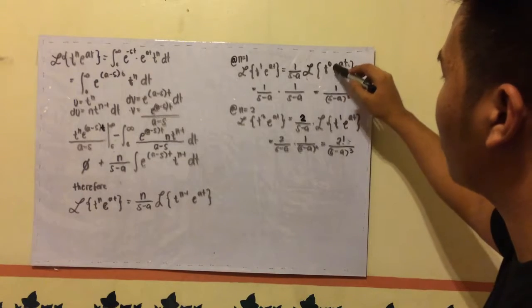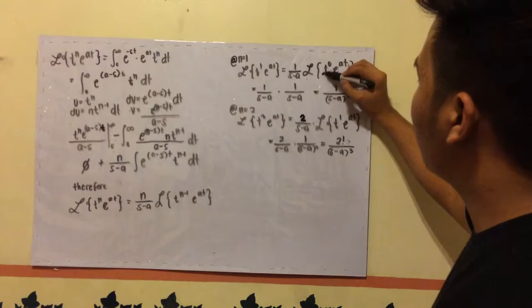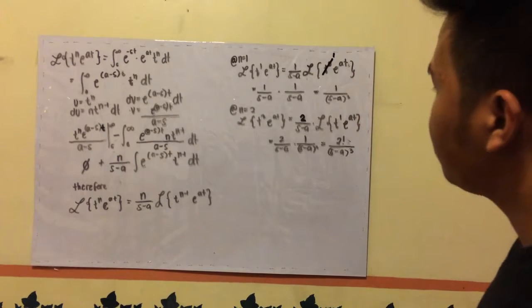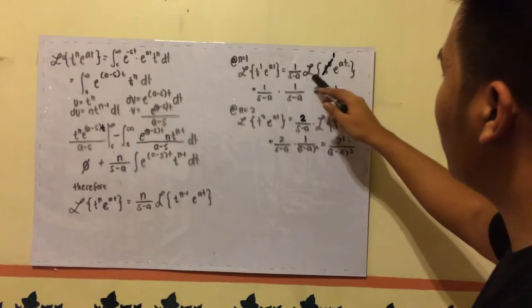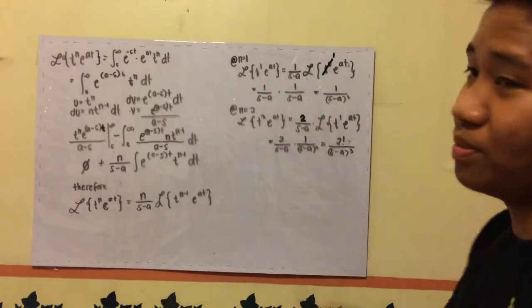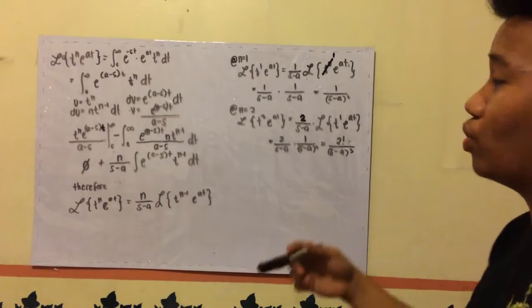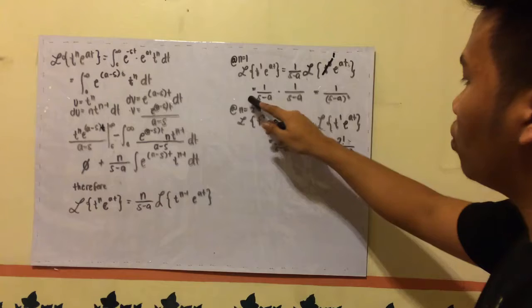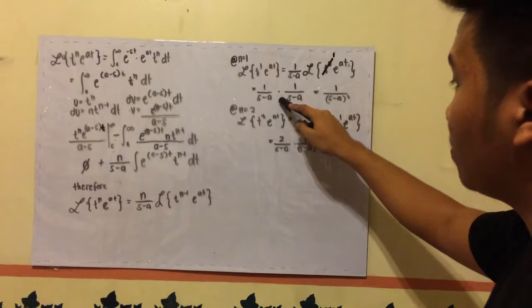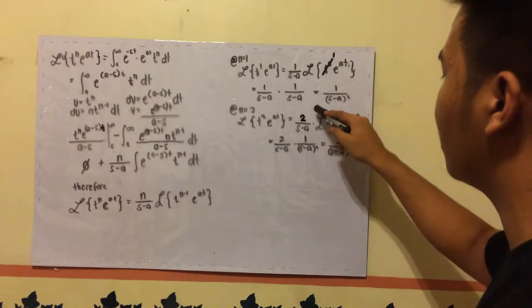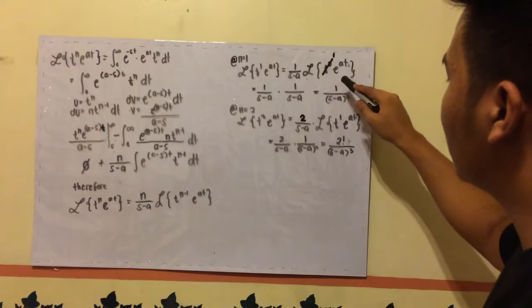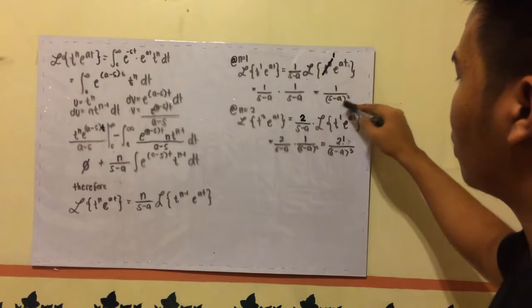So this t raised to 0 will be equal to 1. So the Laplace of e raised to at from the previous problems is equivalent to 1 over s minus a. So 1 over s minus a multiplied by 1 over s minus a, sorry for that. So it's equivalent to 1 over (s minus a) squared.